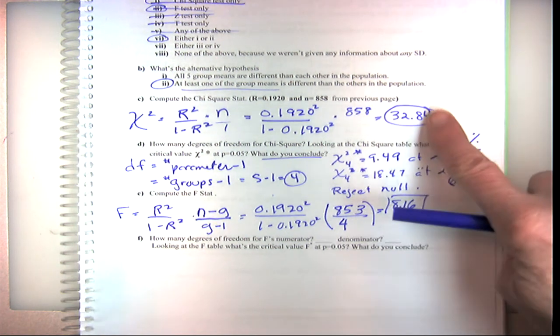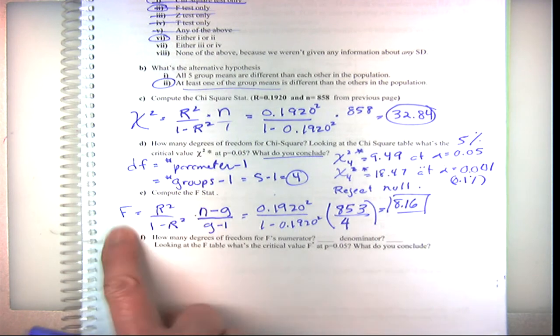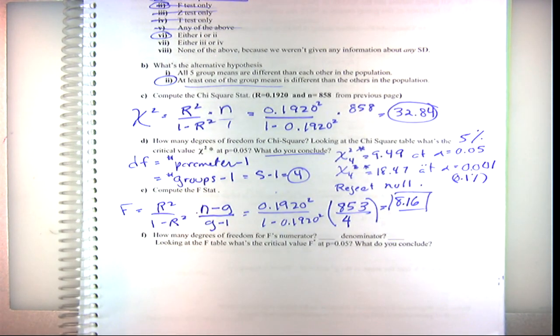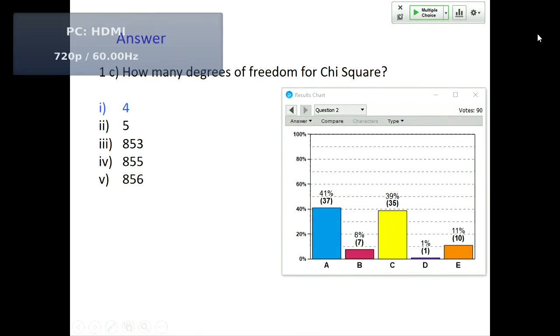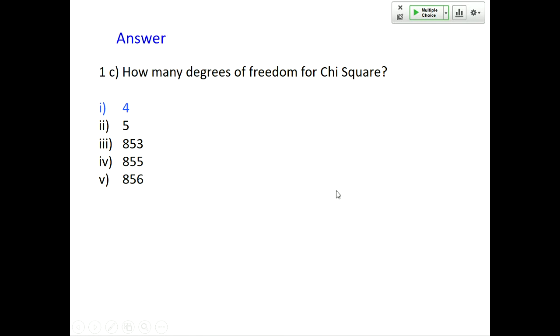This is centered at its degrees of freedom, this one's centered at 1. I kind of like that. I like the F for that reason. Okay, so now let's answer: how many degrees of freedom for F's numerator? I think you know that just looking at this. This should be a super easy iClicker. Let's just do it.